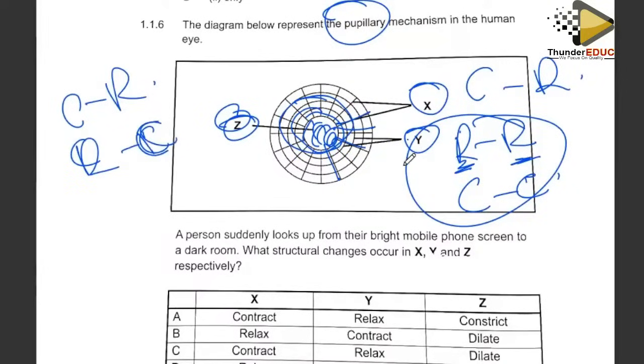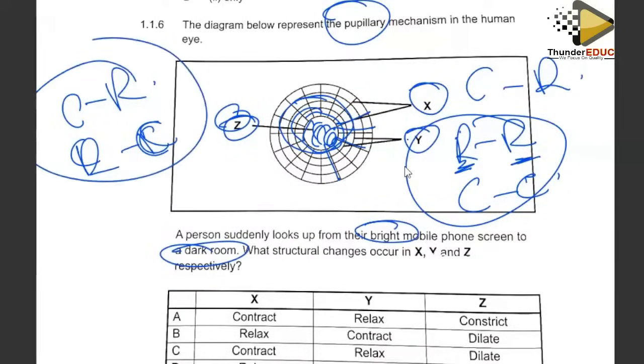All right. A person suddenly looks up from their bright mobile phone screen to a dark room. You are from the bright light, and then you're going to the dark room. So we explain dim light.